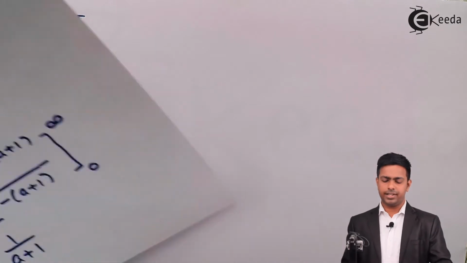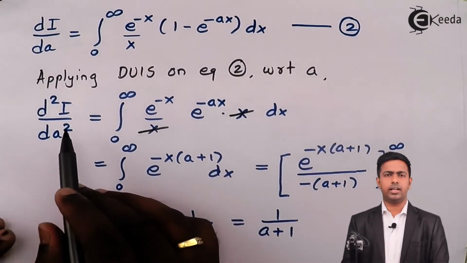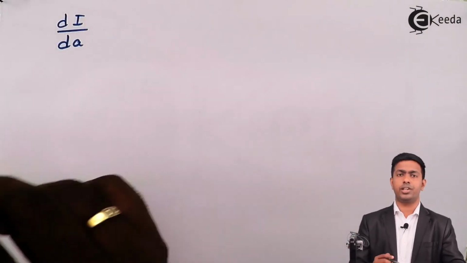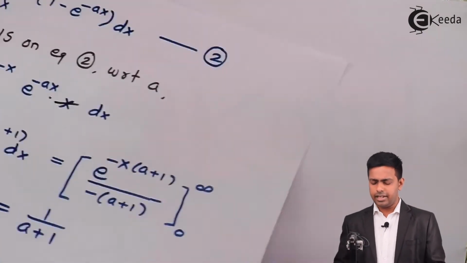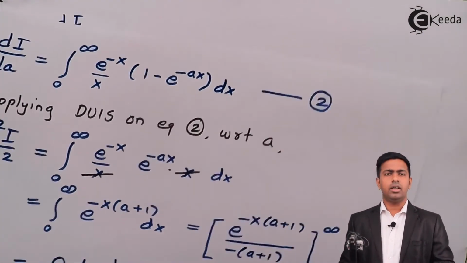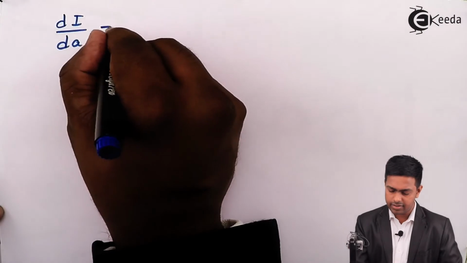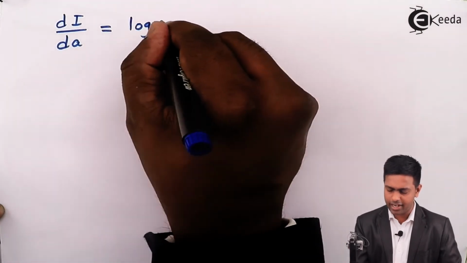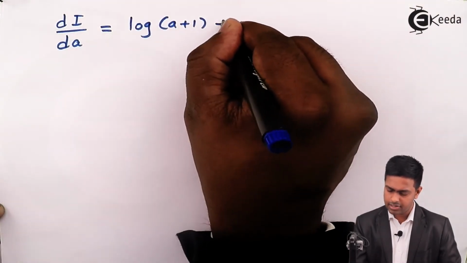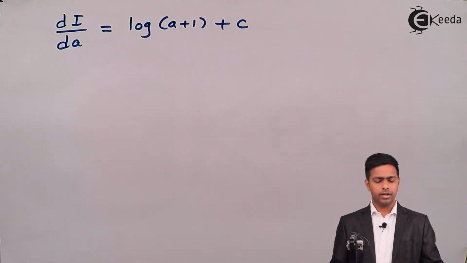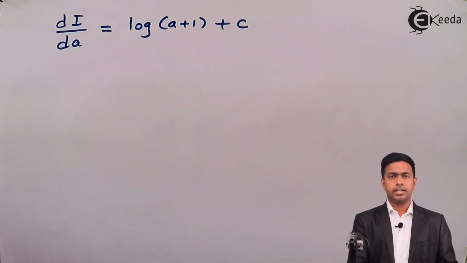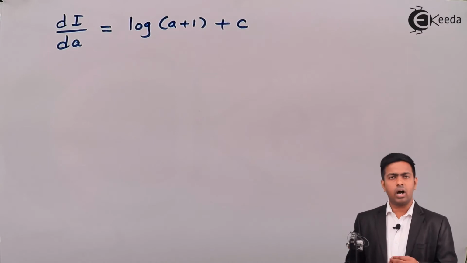So this term d square I by dA square is reduced to di by dA by doing the first time integration, and the integration of this 1 upon a plus 1 is nothing but log of a plus 1 plus c.